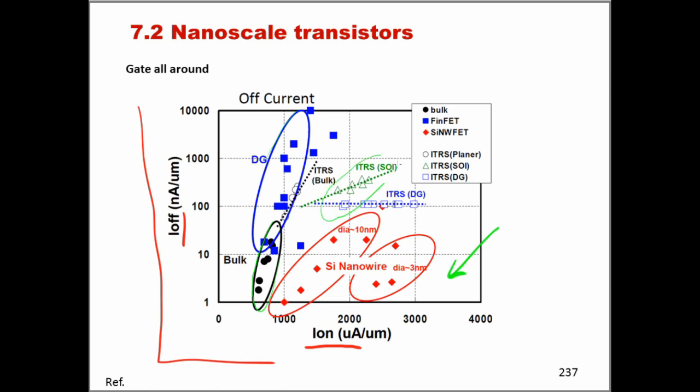SOI technology, obviously more the single gate or double gate here, but you can see that the nanowires are really down here, and when the diameter is 10 nanometers, we get these points. But as we move to 3 nanometers, we are moving in the right direction, toward the right spot. So really, we are creating fantastic devices if we compare the different technologies.